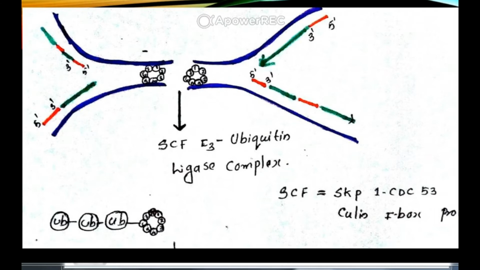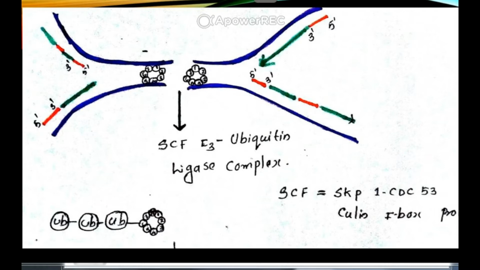This concludes the DNA replication elongation process, and then two MCM complexes converge. You can see here that the two MCM complexes converge, and the SCF-E3 ubiquitin ligase complex is present.